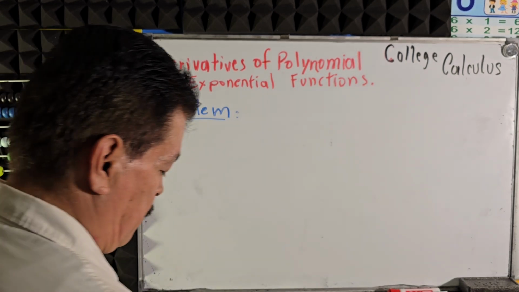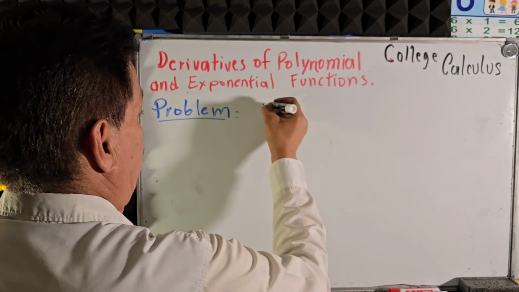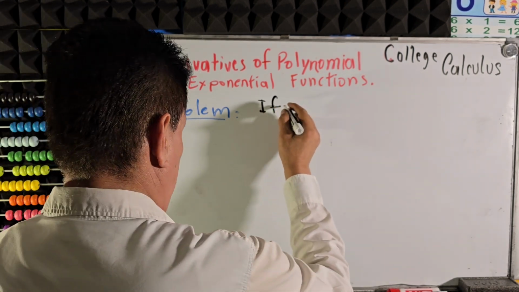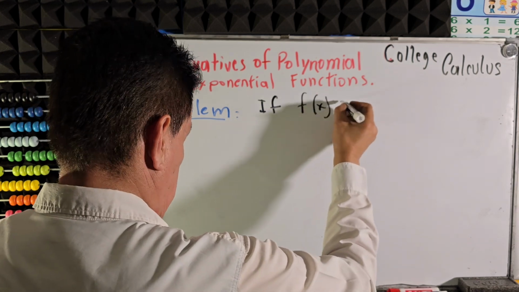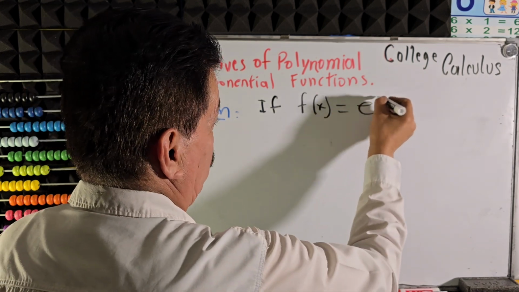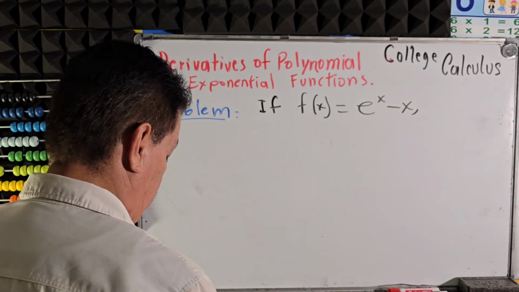What is our problem? Let's write: if f of x equals e to the x power minus x. Look at the problem.